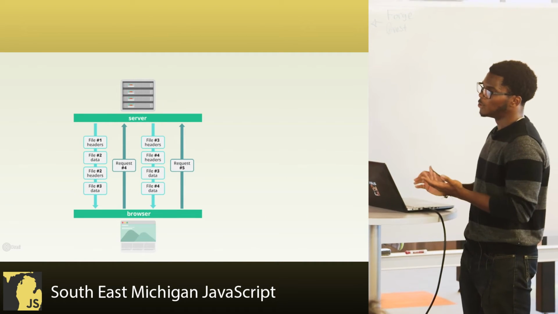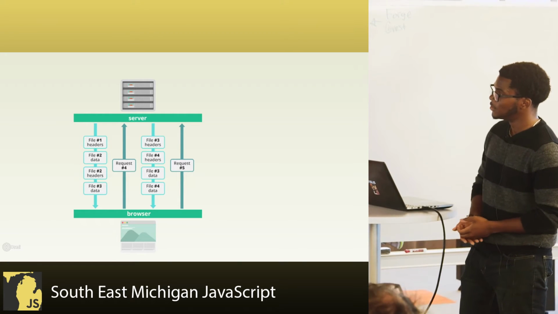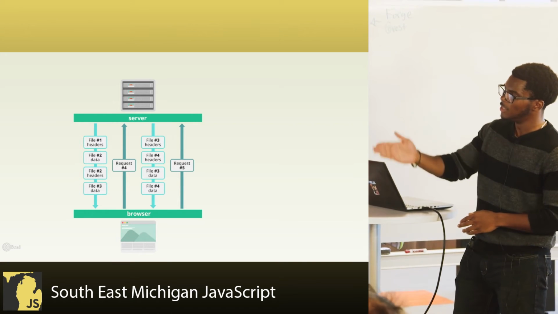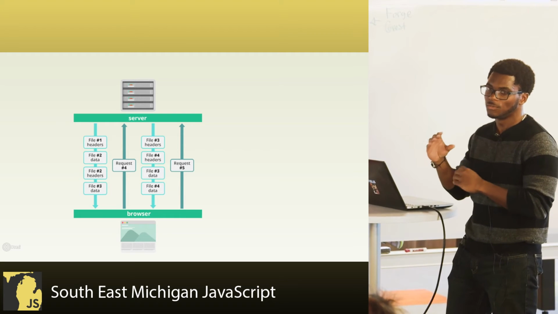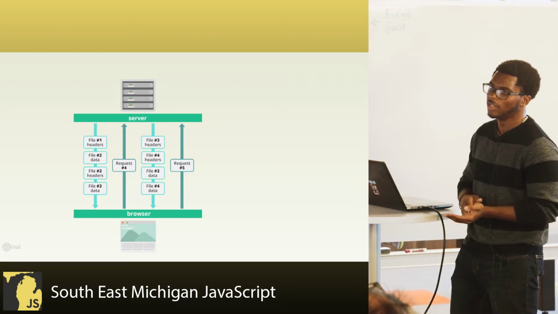And if you want to look at it from a more technical standpoint, those different lines are streams. As you can see, they're sending the headers and the data as different frames, and they're sending the frames inside of one stream for different files.